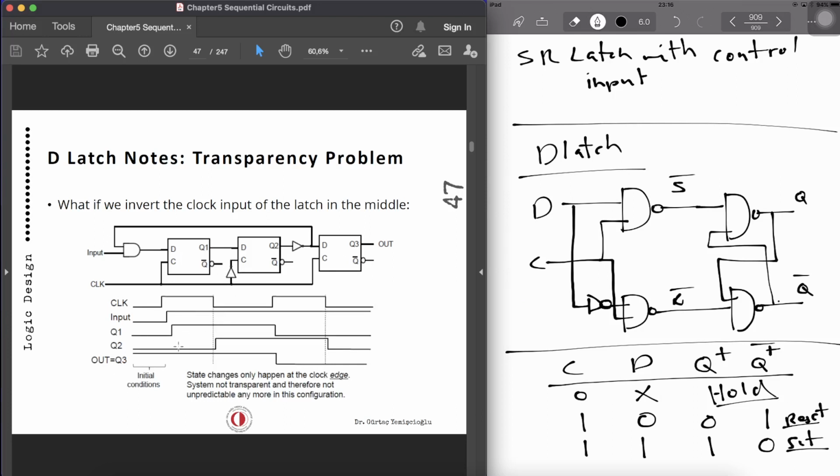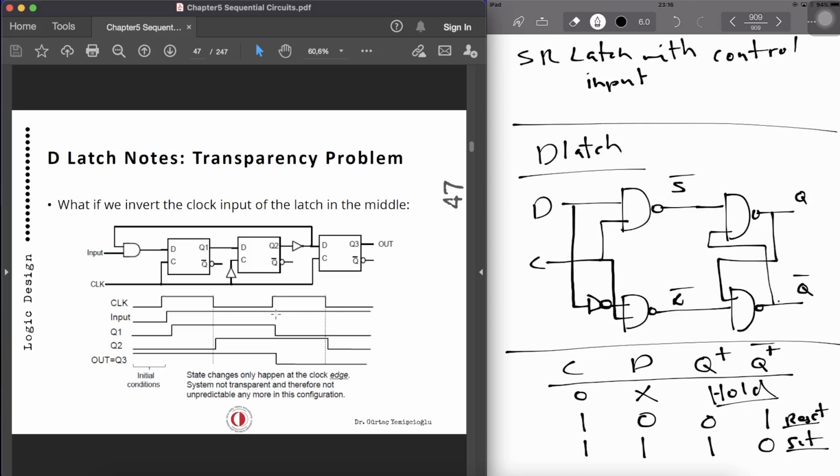And when we do the simulations, you will see the clock going in, input always high. Q1, as you can see, is more stable now. We feed in data to Q1. Now Q2 is going to be activated when Q1 goes to 0, because this is inverted. This will be activated until here.